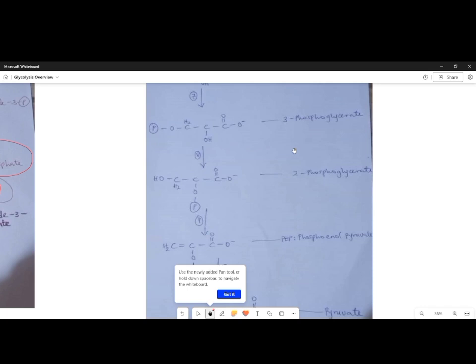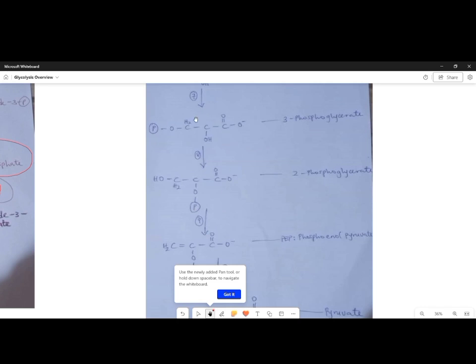In step 8, all that happens is the changing of 3-phosphoglycerate to 2-phosphoglycerate. So basically what happens here is that there's a switch of the phosphate group and the OH group.